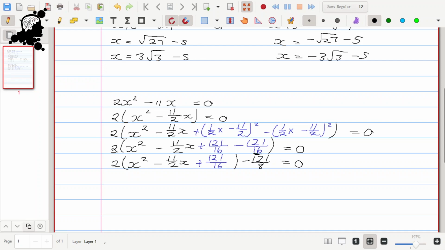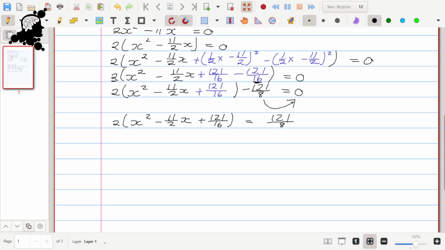The next step is we could take this to the other side. So we have 2 into x squared minus 11 over 2x plus 121 over 16 is equal to 121 over 8. Let's scroll down for some room. Once we get to this point, we can divide both sides by 2, because now we no longer need the 2 that we have as a coefficient.